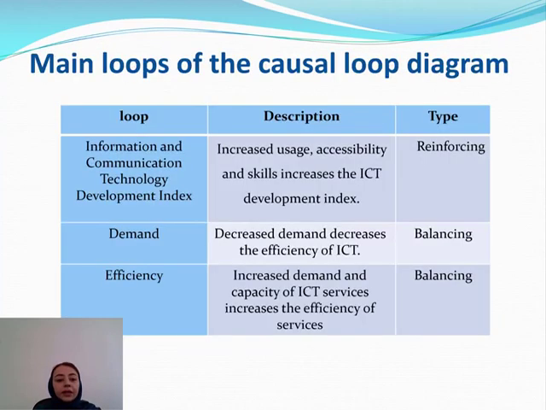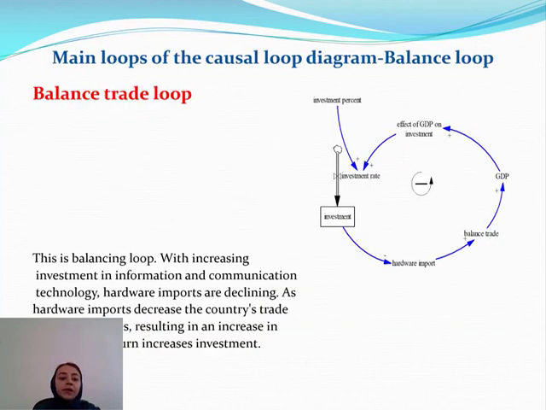Another loop that we have is the balanced rate loop. It is a balancing loop. It means that increasing investment in information and communication technology causes a decrease in hardware input.